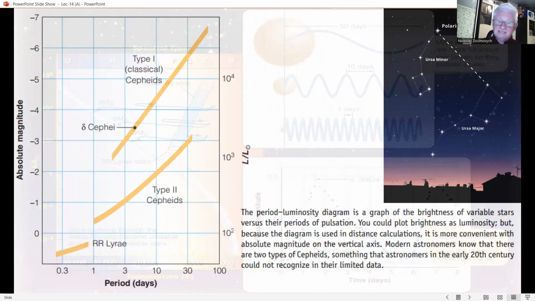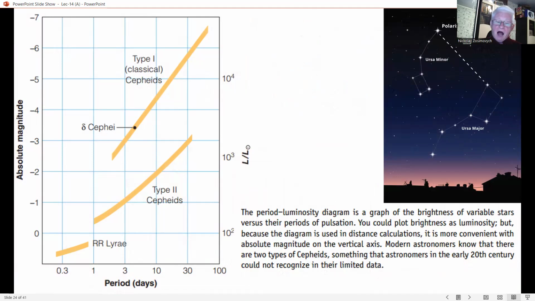Stars in the instability strip are unstable and pulsate because a layer of partially ionized helium is in just the right place in the star's atmosphere to absorb and release energy like a spring.